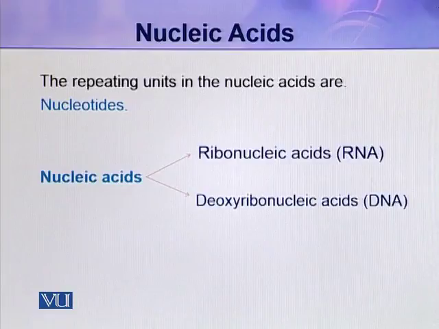Nucleic acids are mainly of two types. These are ribonucleic acids and deoxyribonucleic acids. Ribonucleic acid is abbreviated as RNA, while deoxyribonucleic acid is generally abbreviated as DNA. There are three types of RNAs. These are tRNA, transfer RNA, ribosomal RNA, rRNA, and messenger RNA, mRNA.